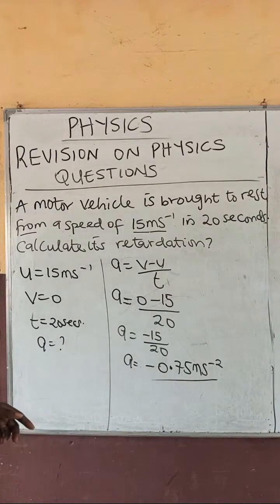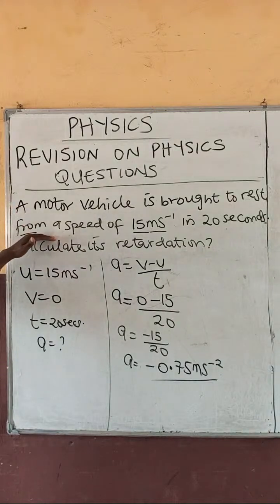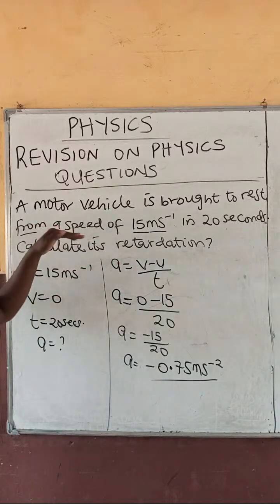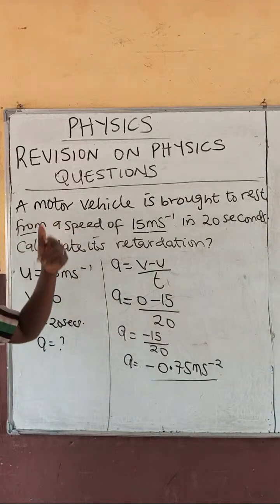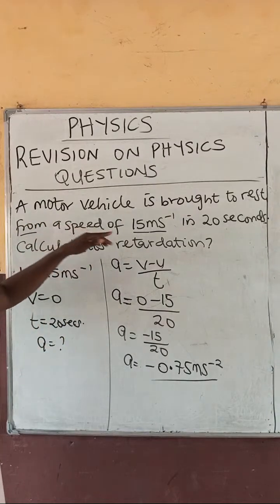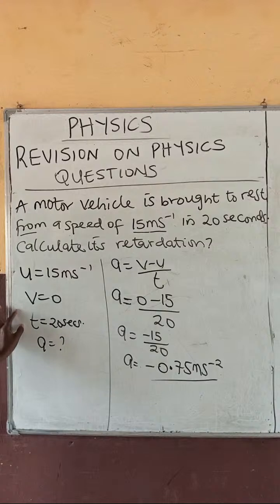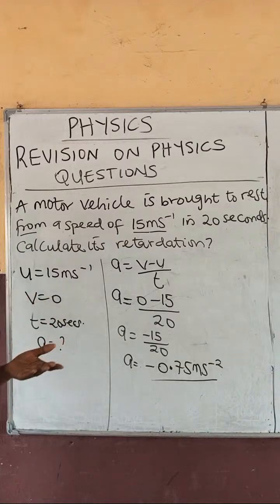Let me do a recap. A motor vehicle is brought to rest from a speed of 15 meters per second. It means it was already in motion before it came to rest. So this is the initial speed, while our final velocity becomes 0, and time is 20 seconds. We are asked to find retardation, which is the same thing as acceleration but with a negative sign.